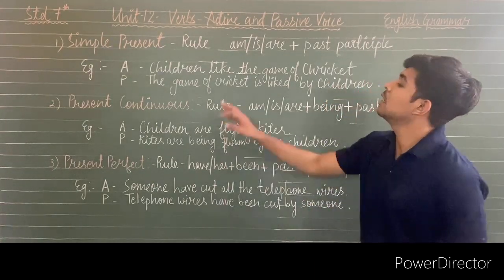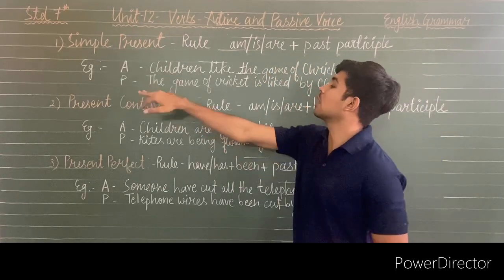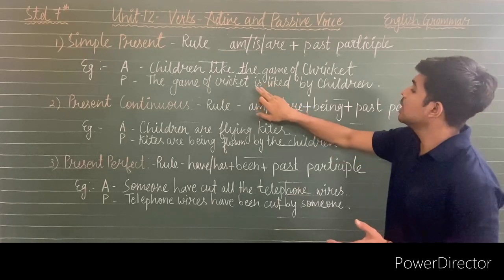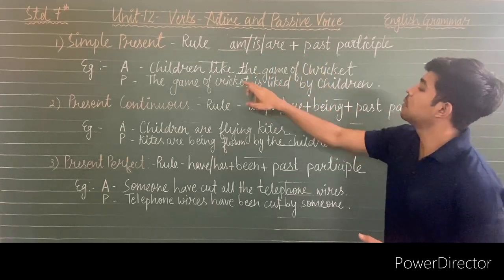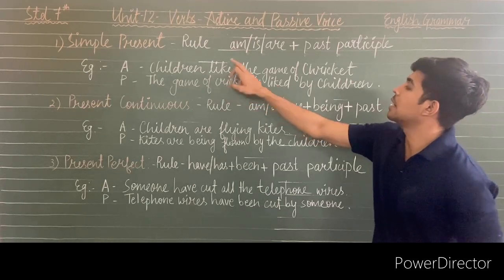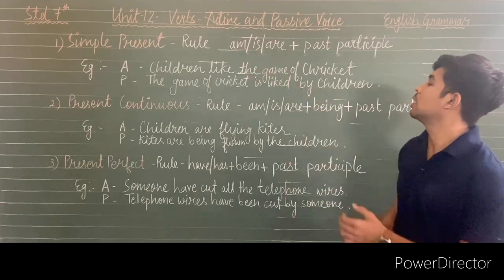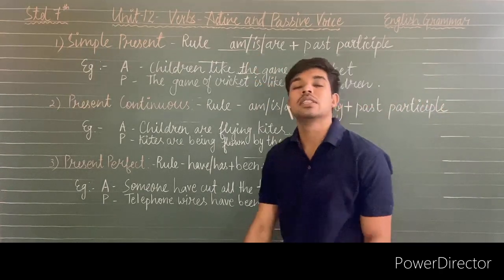I'll repeat again. Children like the game of cricket is active voice. Then the game of cricket is liked is what we have kept from here. Liked is the past participle of like, and is we have kept from this rule, and by children is the subject which was in the active voice.